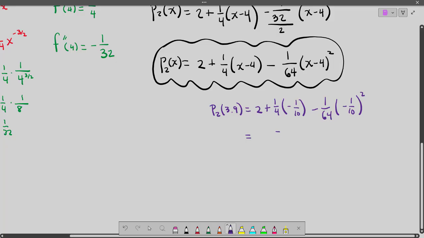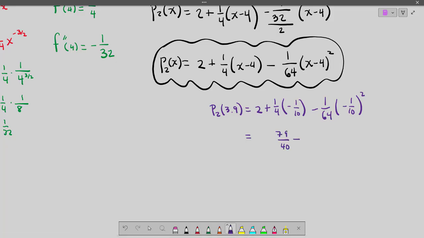So this is going to be 79 over 40 minus 1 over, that's 100, so whatever this ends up being: 79 divided by 40 minus 1 divided by 6,400. So decimally, this would be 1.97484, etc.